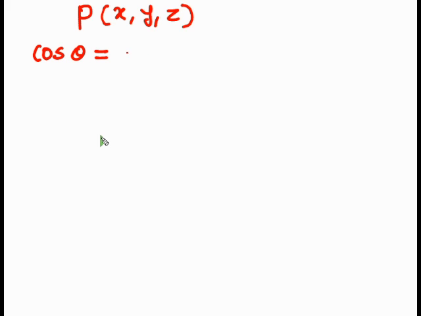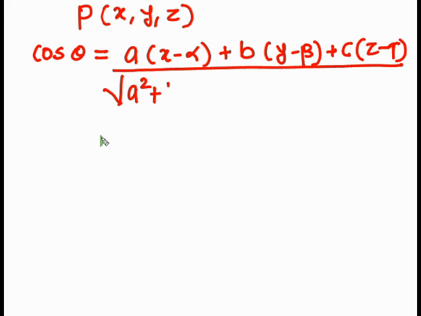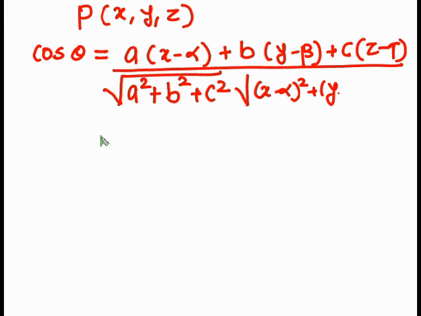Then cos theta is nothing but a into x minus alpha plus b into y minus beta plus c into z minus gamma, divided by square root of a square plus b square plus c square into square root of x minus alpha square plus y minus beta square plus z minus gamma square.